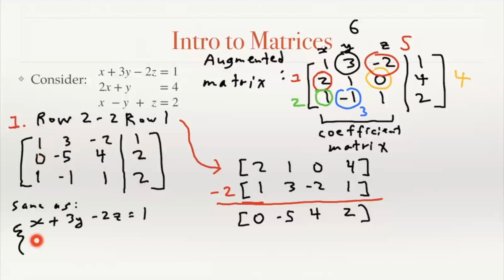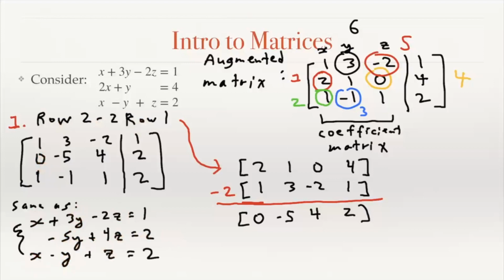It's 0x minus 5y plus 4z equals 2. And 1x minus 1y plus 1z equals 2. And notice that this is exactly what we had before after we finished step 1. And what we did here is step 1. It's just that we did it with a matrix instead of writing out the x's, y's, and z's in each column.